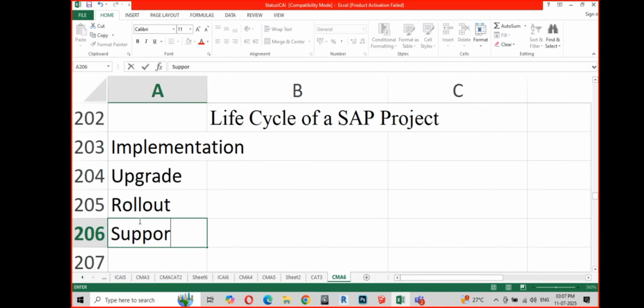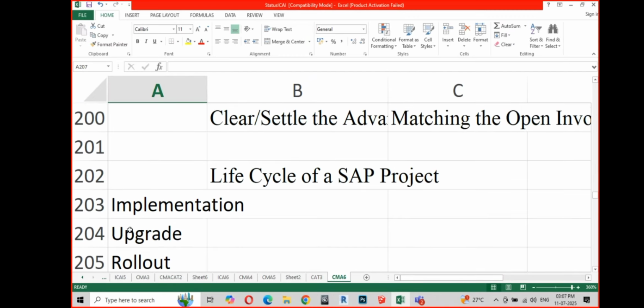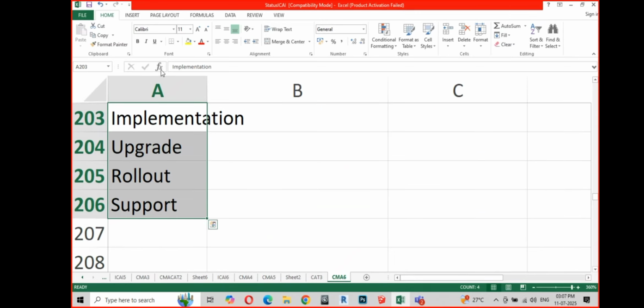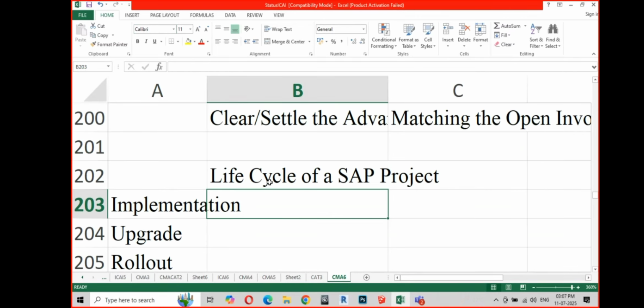These are the 4 different kinds of SAP projects. Implementing SAP, implementation project. What does it mean? Now, an organization was using a non-SAP system earlier. Now it wants to start working on the SAP system for its day-to-day activities.